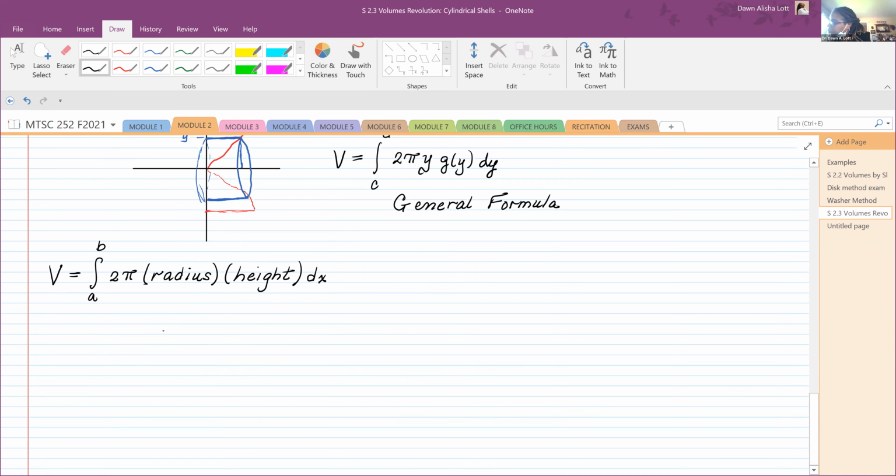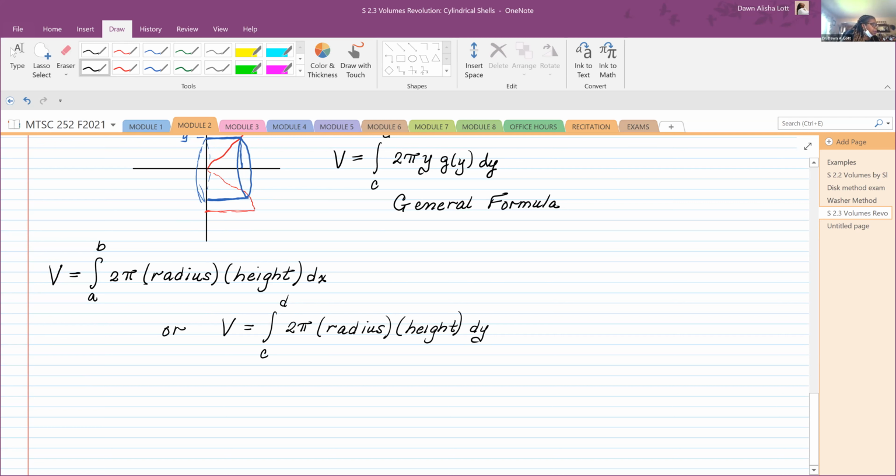Or the volume, the integral from c to d of 2 pi times your radius times your height dy. Okay, so let's start.